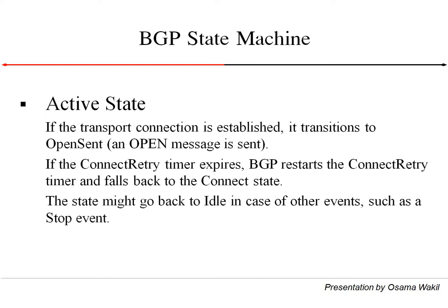So what happens in active state? Once the TCP connection is initiated, it waits for the TCP to be established. If TCP is not establishing, it goes to active. It is going to wait in the active state for 120 seconds. It's hard coded and we cannot change it.